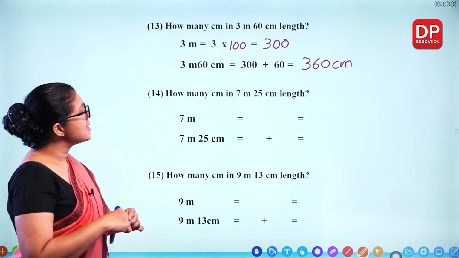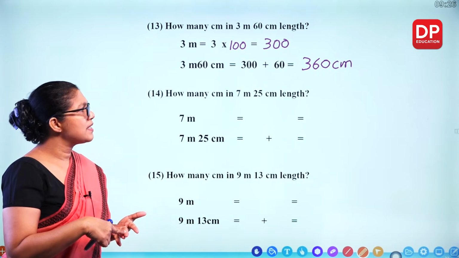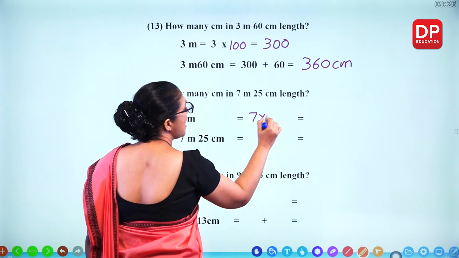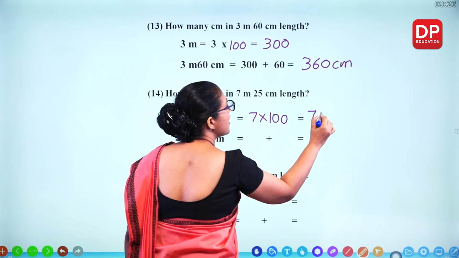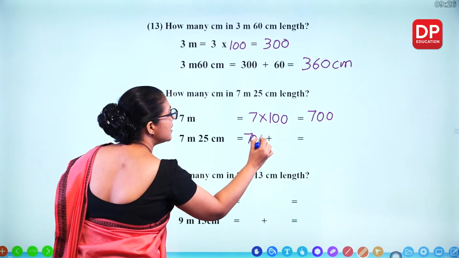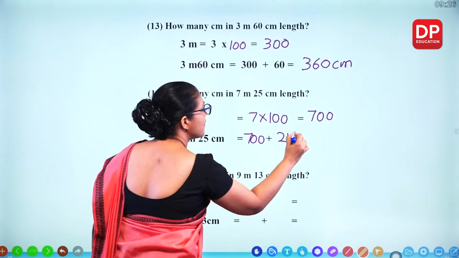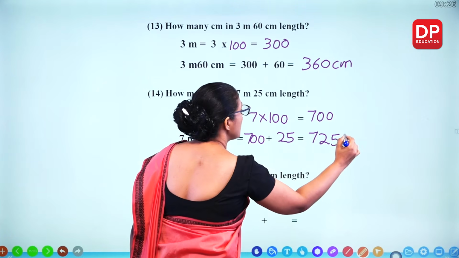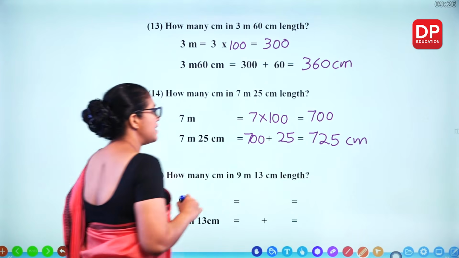Now we'll take this one. How many centimeters in 7 meters and 25 centimeter length? 7 meters means 7 times 100. That's 700. So 700 plus this 25, 725. What's the unit? Centimeters.